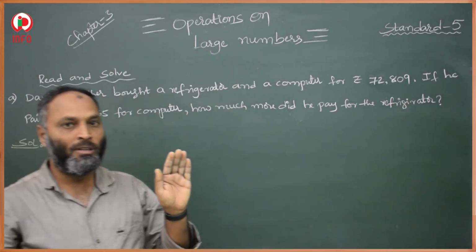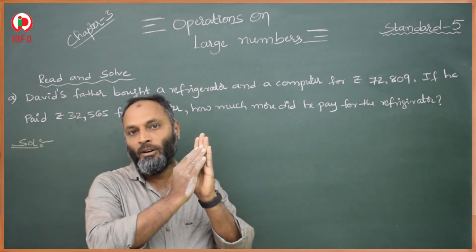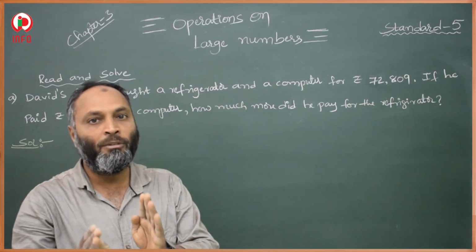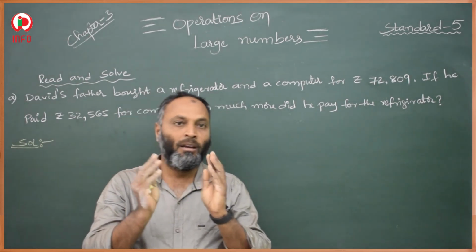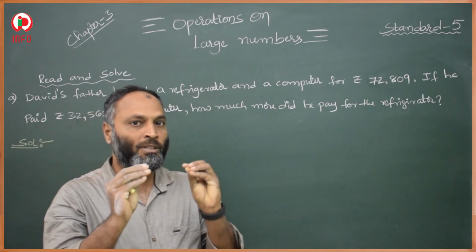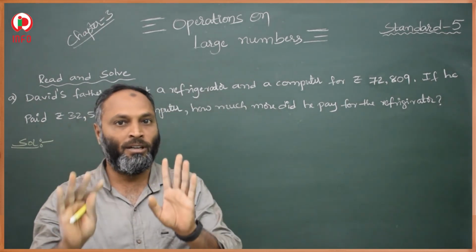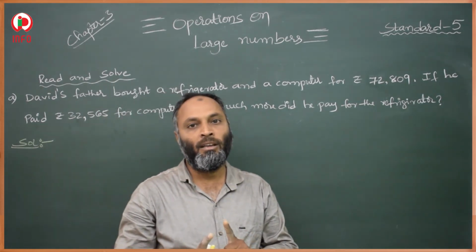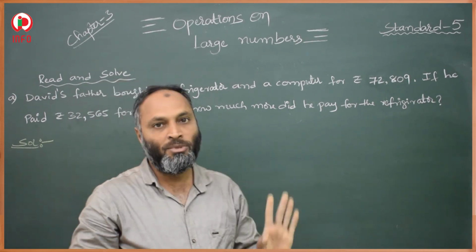In the total amount, some amount he pays, which means some of the amount is over. Then how much amount is left means we have to subtract here. After reading the word problem, first you decide whether it is addition, subtraction, multiplication or division. First you have to decide. That is important. Then the steps are important.